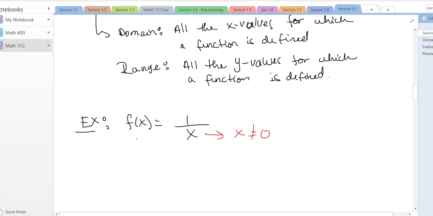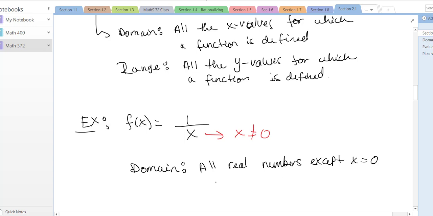So x can't be 0, so my domain, and I can write it different ways. I can write it in words, all real numbers, except x equals 0. I can write it in interval notation. I can say minus infinity to 0, but I don't want to include 0. And then everything else above 0, so union 0 to infinity.